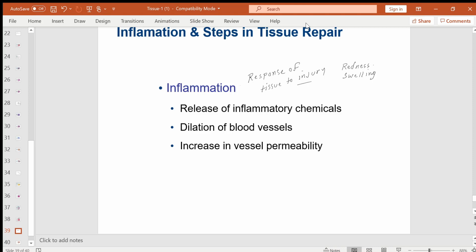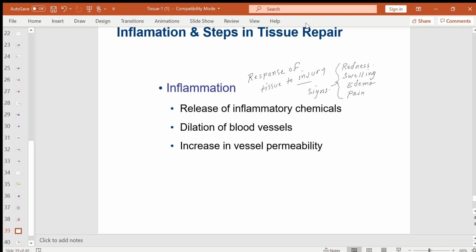You see edema, accumulation of fluid. You feel pain. So pain, redness, swelling, edema, those are the signs of inflammation, right? You all know that. Why does that happen? Why do you see those changes?